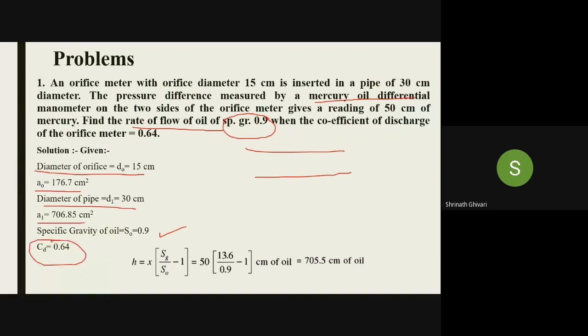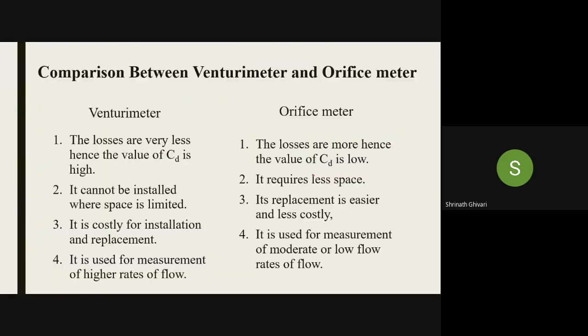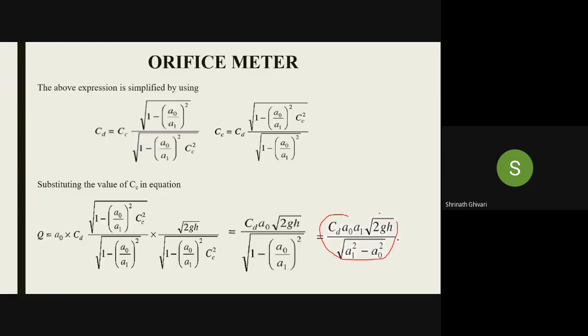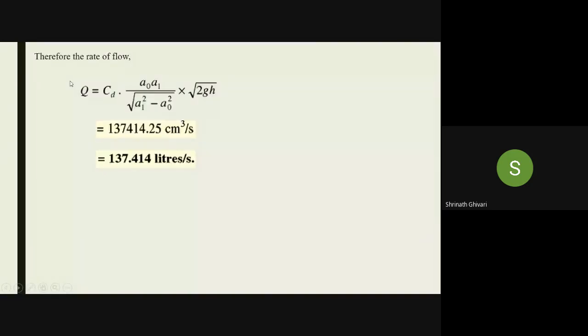So what is the formula for discharge for an orifice meter, which we have seen in the previous class?